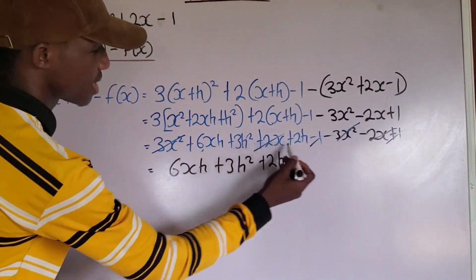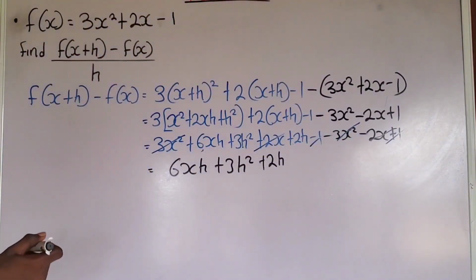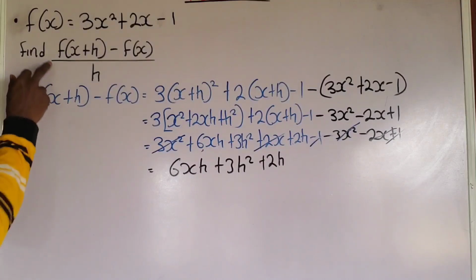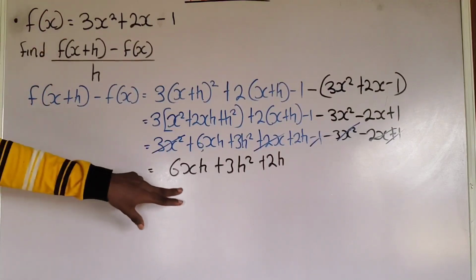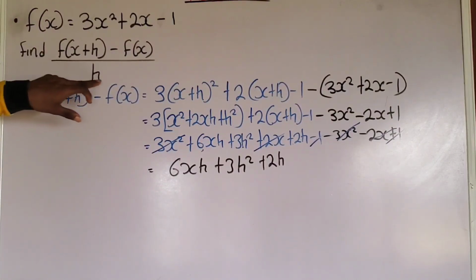Now, don't forget that this is the numerator of what we are asked to find. This is the numerator of the function that we are asked to find. So, now, having gotten the numerator as this, don't forget that the denominator is h.